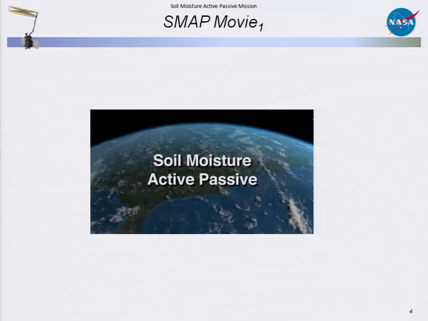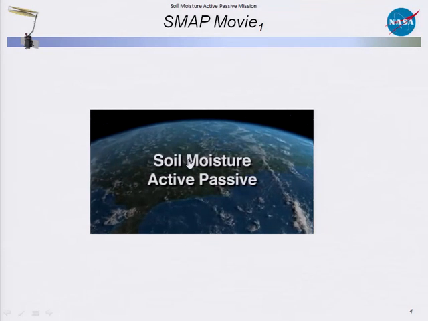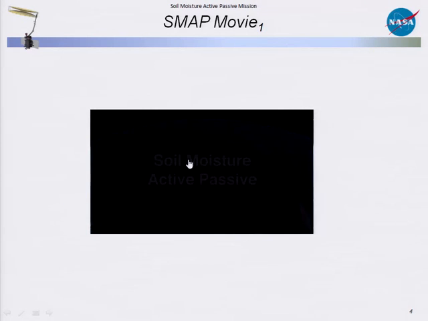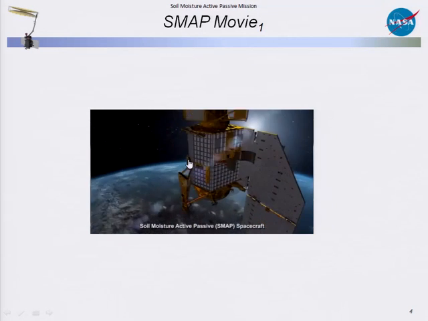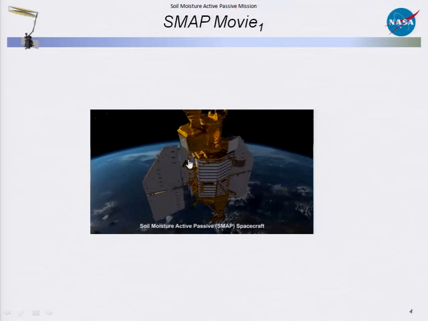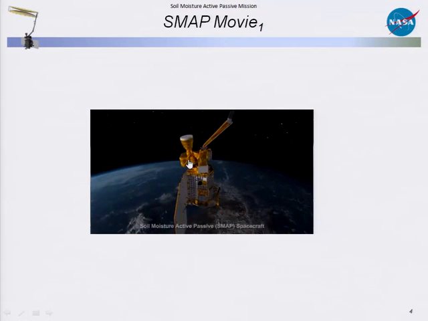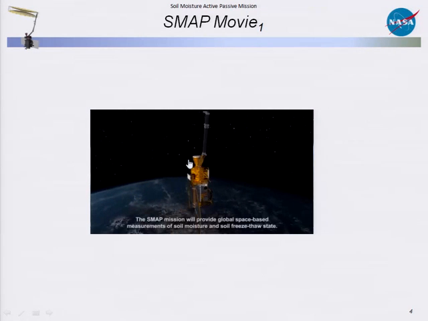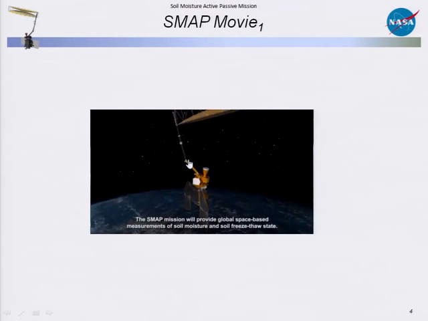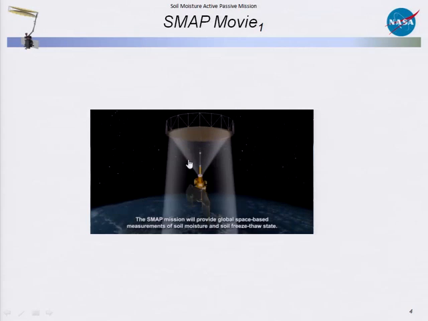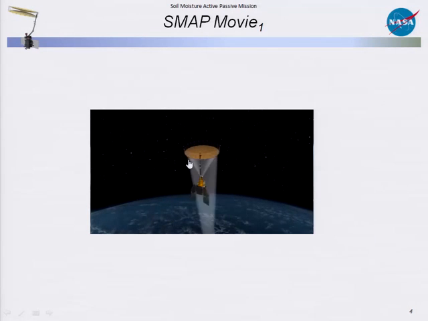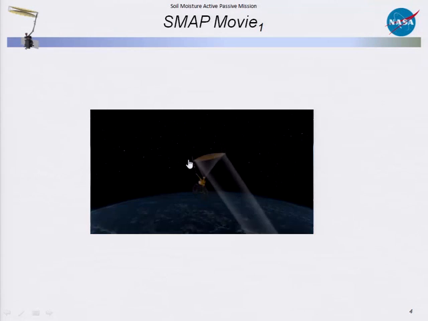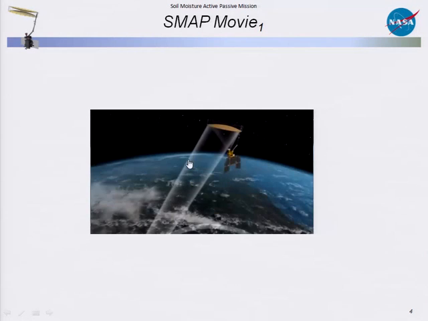I thought I'd entertain you a little bit with a movie here that shows you what the SMAP spacecraft will look like. So there we are. You can see it involves an upper spinning portion, and we have a reflector boom. It should be coming to view soon. And we'll talk a little bit about the instruments, but basically as the reflector spins, we're gathering data over Earth.